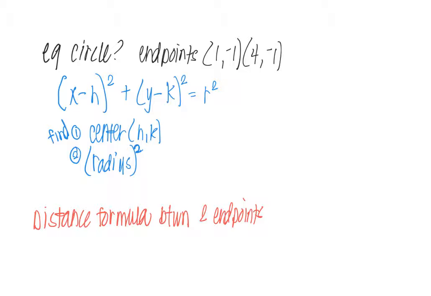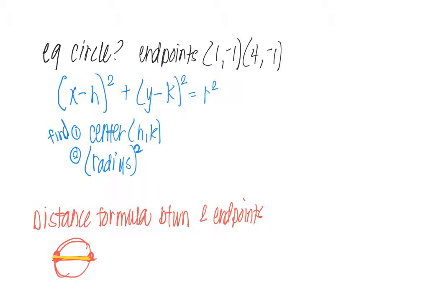Okay, so I'm going to use the distance formula between two endpoints right here, okay? This is my two endpoints. I'm going to find that distance. That line that I just drew, let's make it a different color. It's yellow now. Is that a radius? No, it's not. What is it? That line is called, if it goes from endpoint to endpoint, a diameter.